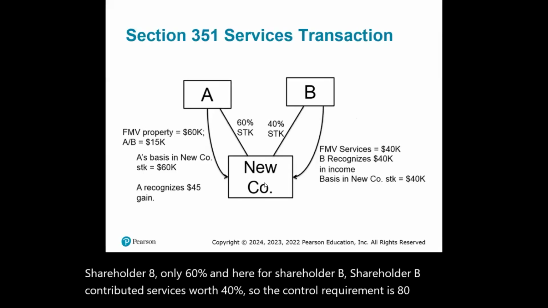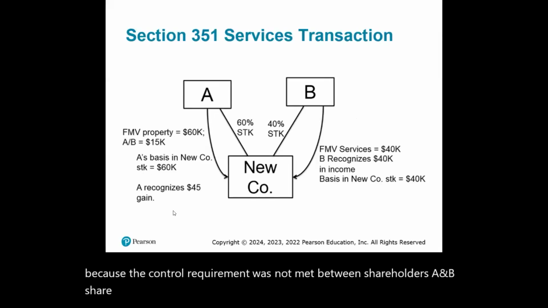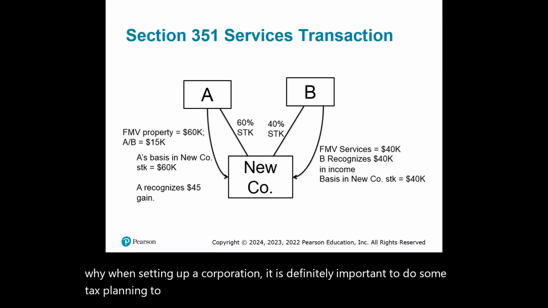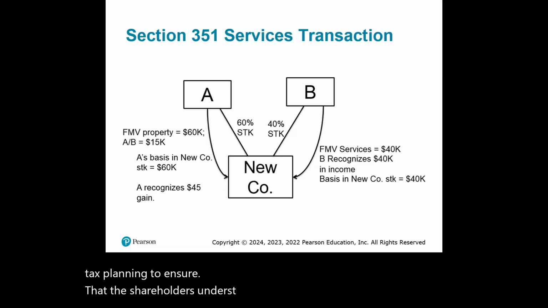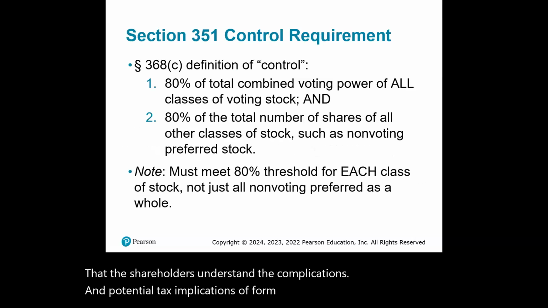Because the control requirement was not met between shareholders A and B, shareholder A has to recognize the entire $45,000 gain. Therefore, when setting up a corporation, it is important to do some tax planning to ensure that the shareholders understand the complications and potential tax implications of forming the corporation.